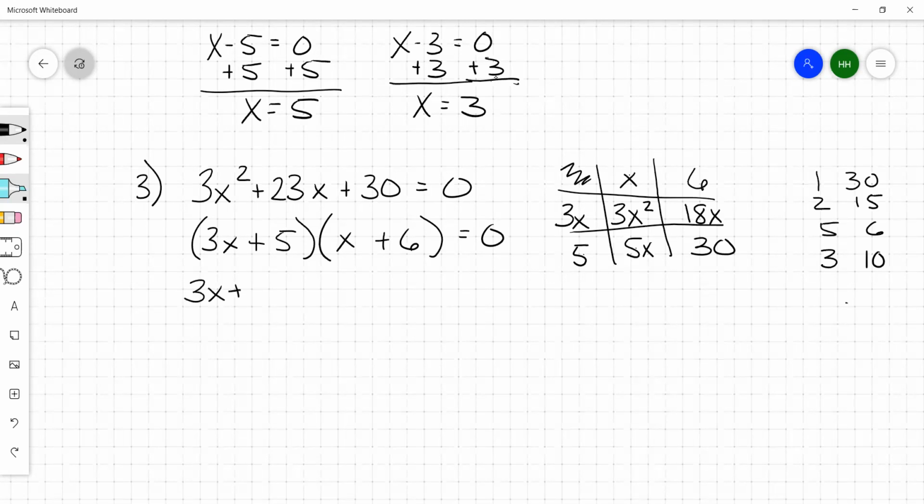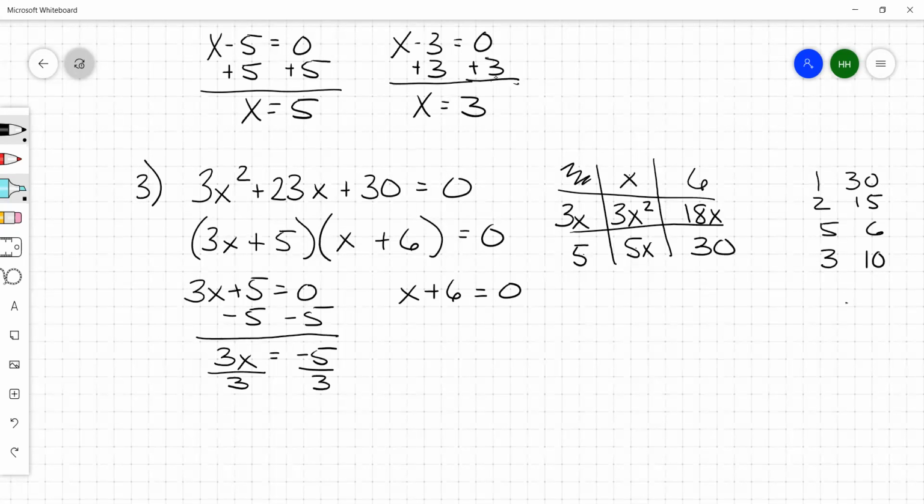So 3x plus 5 is equal to 0, and x plus 6 equals 0. Solve them both. We get a negative 5/3 and a negative 6.